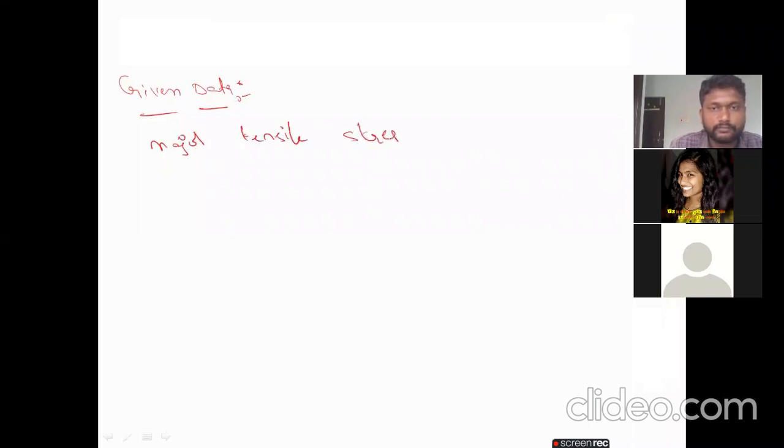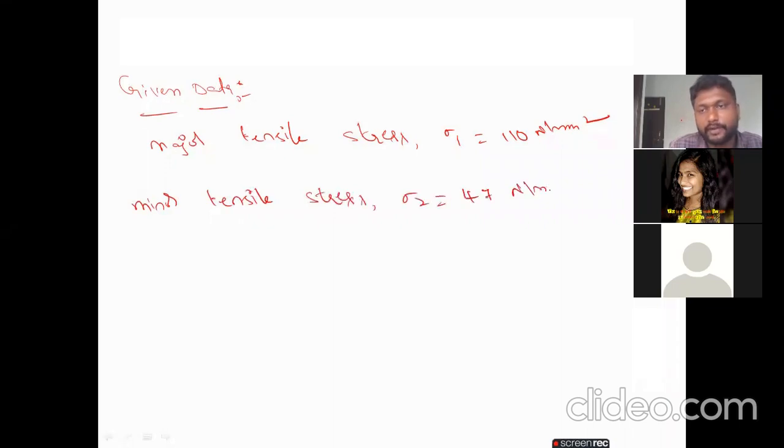Now I will write the given data. Please look into this one. The given data is major tensile stress sigma 1 equal to 110 Newton per mm square, and minor tensile stress sigma 2 equal to 47 Newton per mm square, and shear stress tau equal to 63 Newton per mm square.